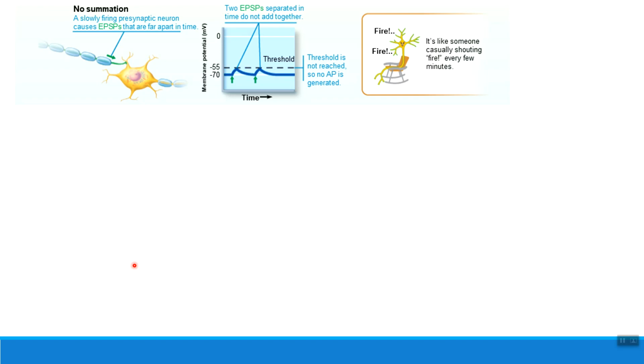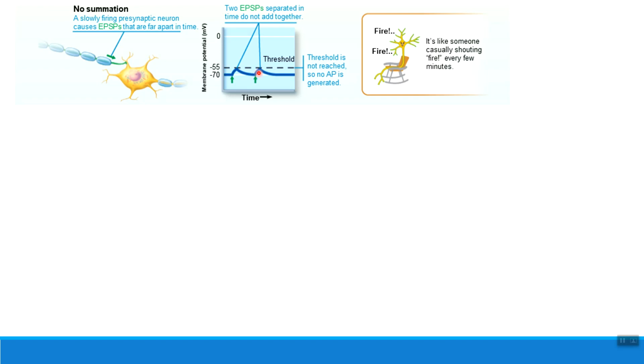Let's discuss why summation would be helpful for a neuron. When a neuron is listening to a message, if it doesn't do summation, it gets that message, makes a small little change in its membrane charge, but it's not a lot, it's not very exciting, so my neuron goes back down to resting membrane potential, waiting to hear another message.